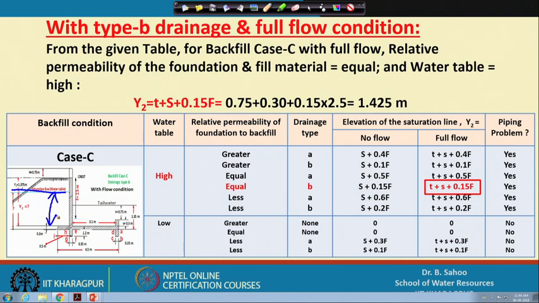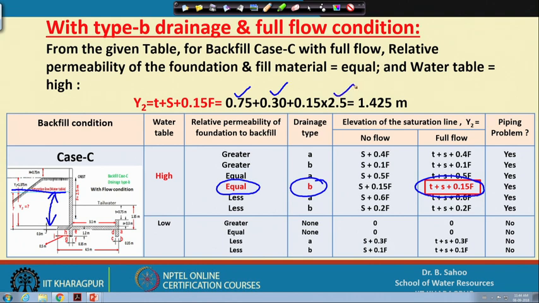We have already solved this type of problem in our previous classes. From this table, for a high water table, relative permeability of foundation to backfill material equal, and type B drainage, for full flow condition we can estimate Y 2 equal to T plus S plus 0.15 F. Here T is given as 0.75, the depth of tailwater, S is 0.3 and F is 2.5 meter.